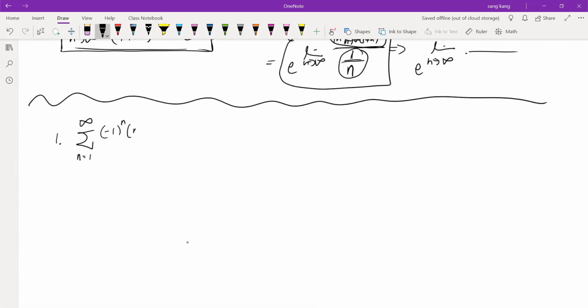And this is actually the worksheet that I posted online. So all of these problems will be on B courses with the solutions as well. So we're going to want to check if it's absolutely convergent, conditionally convergent, or divergent.